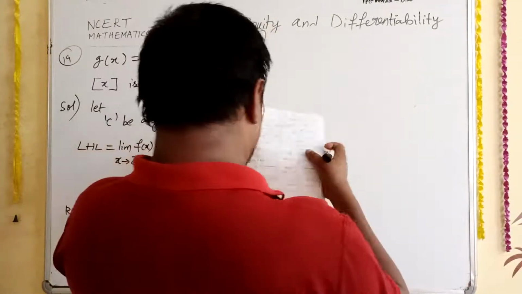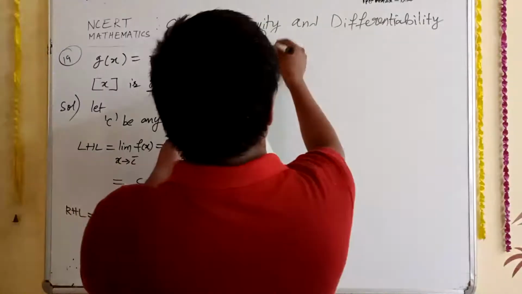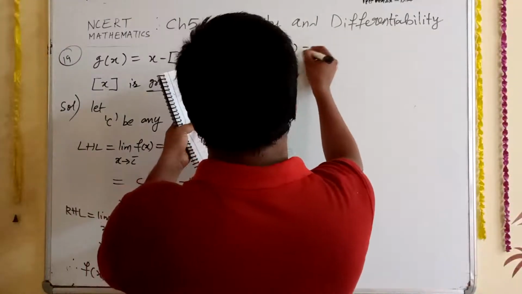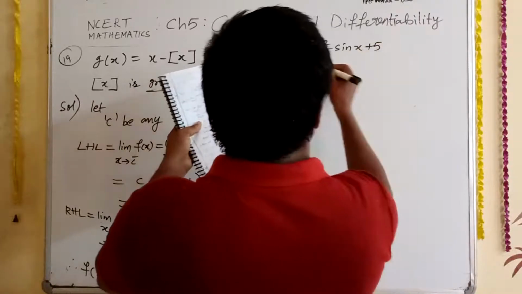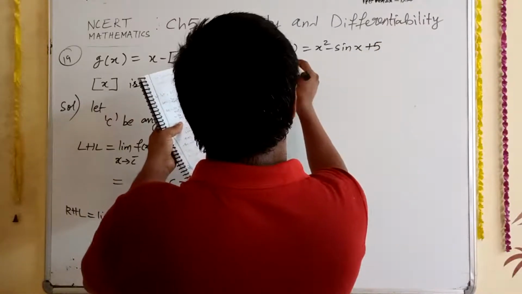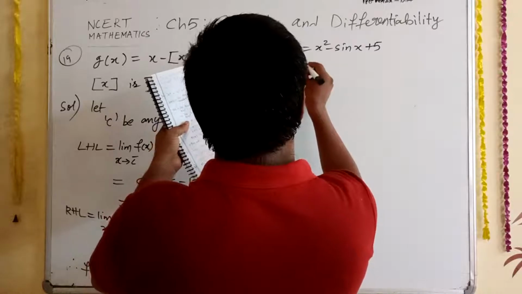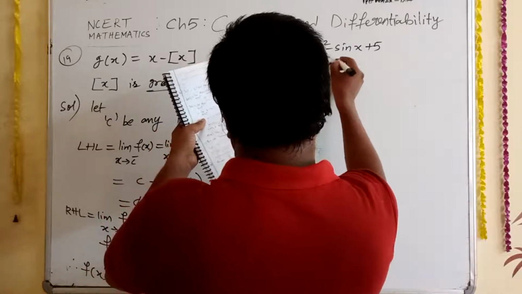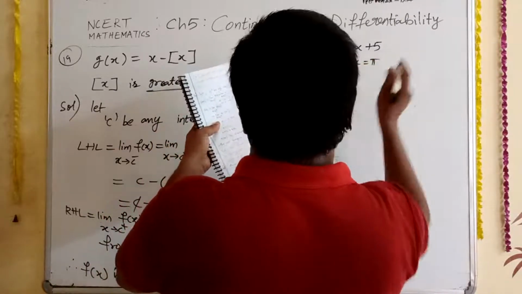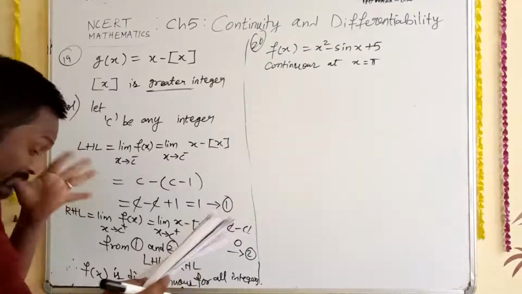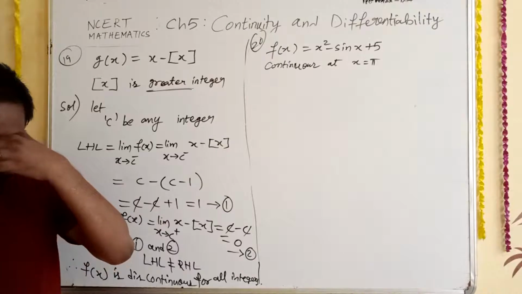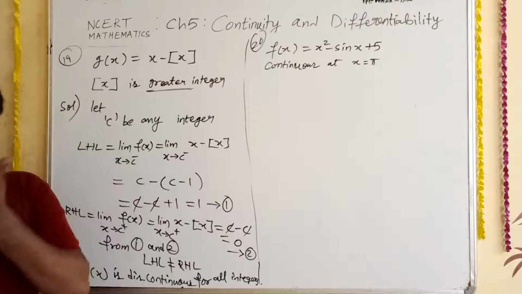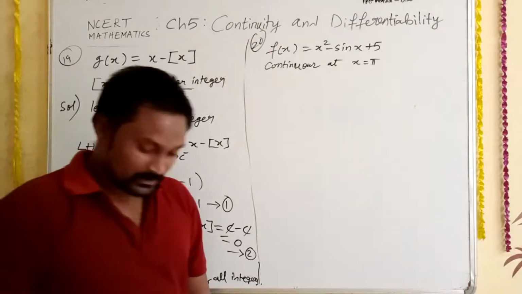Is the function f of x equal to x square minus sine x plus 5 continuous at x is equal to pi? So we need to check whether it is continuous at x is equal to pi or not.